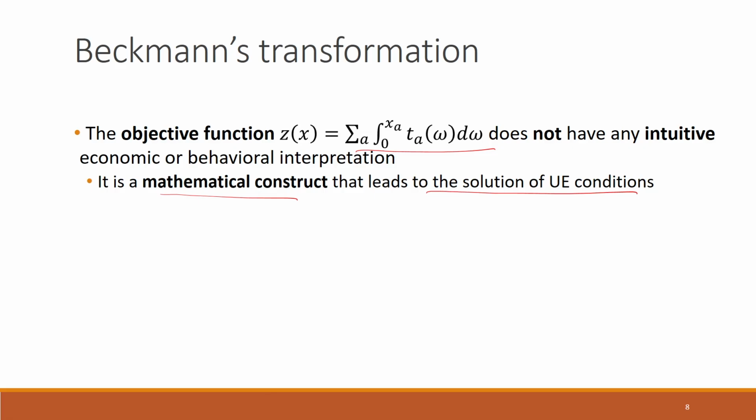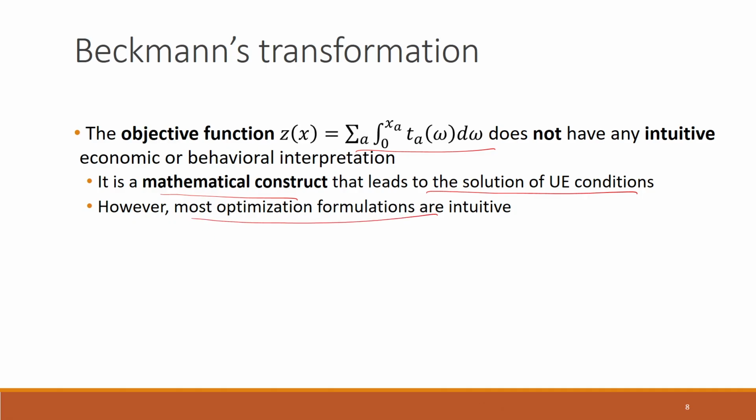So if you have this kind of objective function and the constraints that are mentioned, it just happens that we are able to get the user equilibrium conditions. However, this is the only example of an optimization problem where we do not have any intuitive understanding of the objective function.